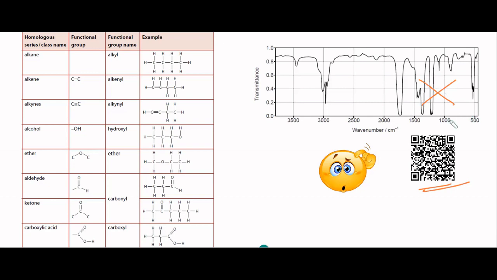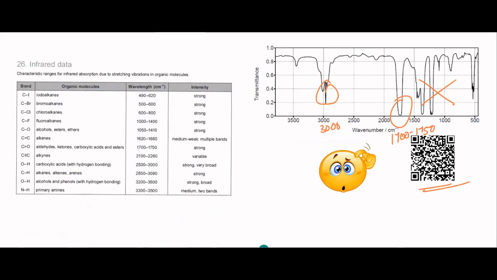Now, after the elimination of this portion, we are left with two peaks. One is somewhere around 1700 to 1750, and the next one around 3000. Comparing with this data table, which has been taken from the IB data booklet, somewhere around this region I'll be getting the peaks generated by CH bond vibrations.